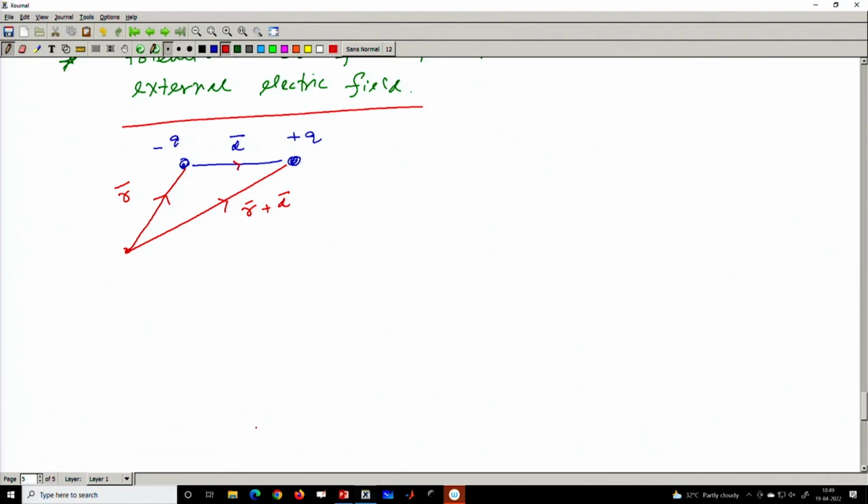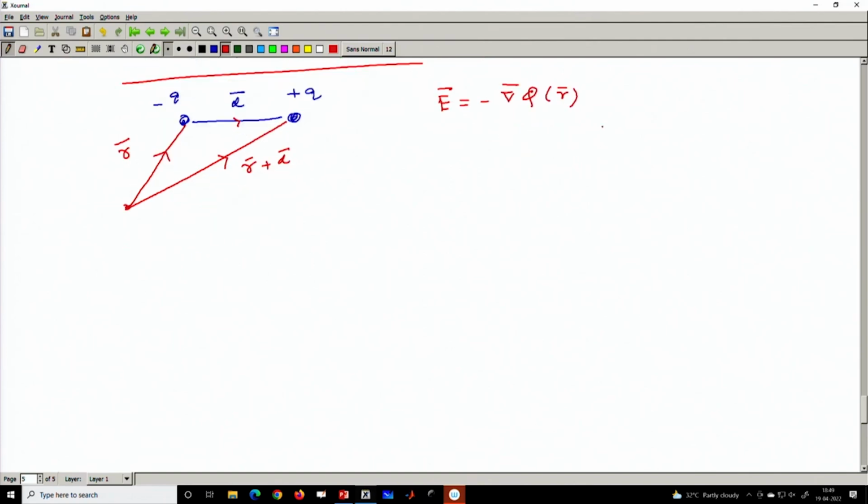The external electric field E is described by the potential phi of r. This is the potential phi that the dipole is going to experience, and we know the potential energy is the charge multiplied by the potential it experiences. We calculated this in the last to last class.